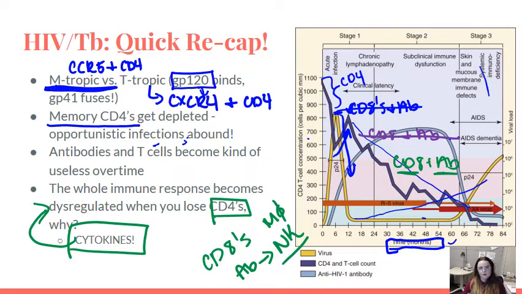So really CD4s, through their cytokine production, regulate the entire immune response, both up and down, and that gets lost as we lose them. So that's the immunology kind of behind HIV TB in a quick recap.